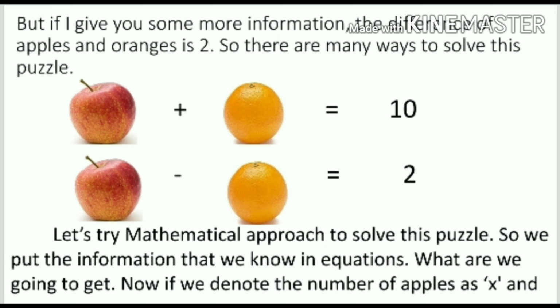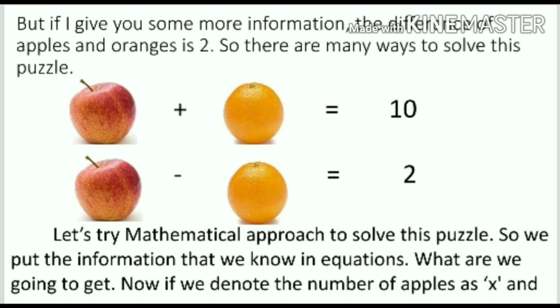Suppose I add some information and say the difference of apples and oranges is 2. So you can see, first apples plus oranges is 10, and apples minus oranges is 2. Let's try the mathematical approach to solve this puzzle. We put the information that we know in equations.